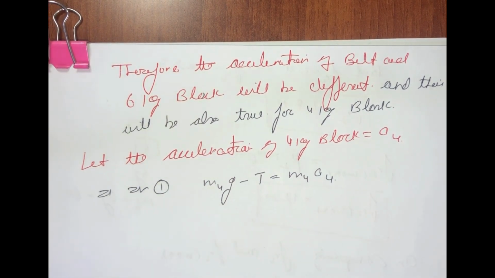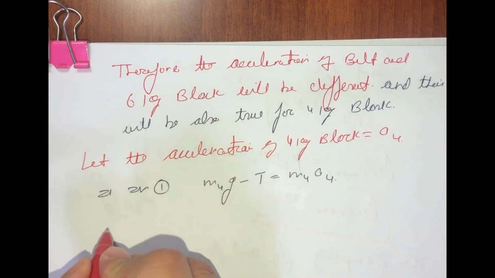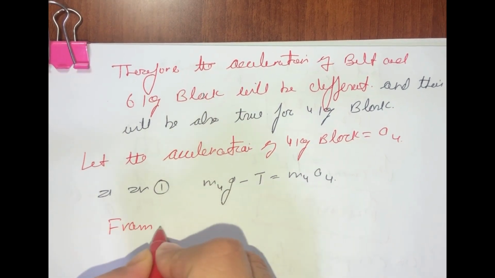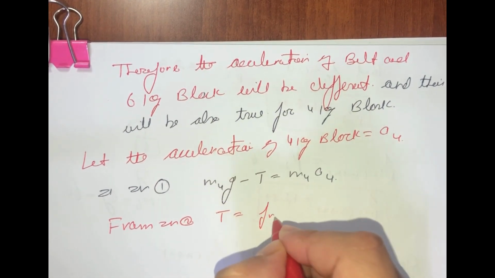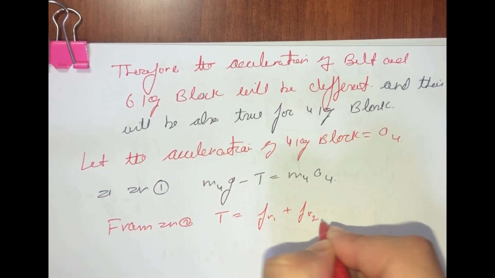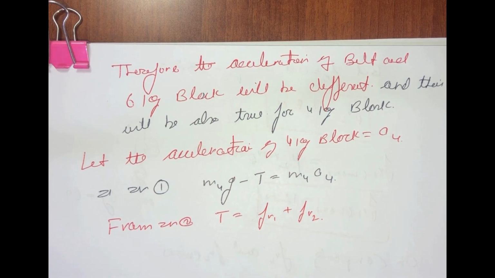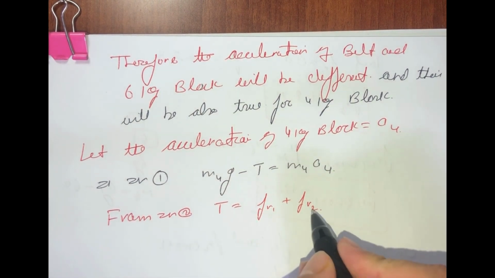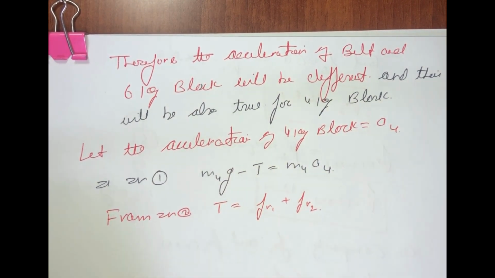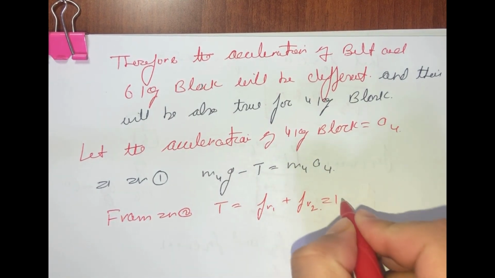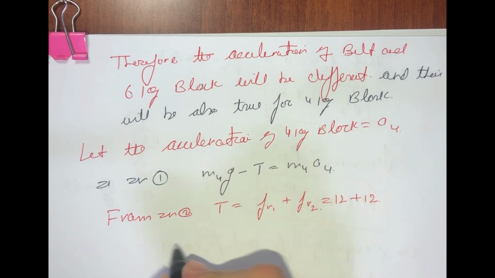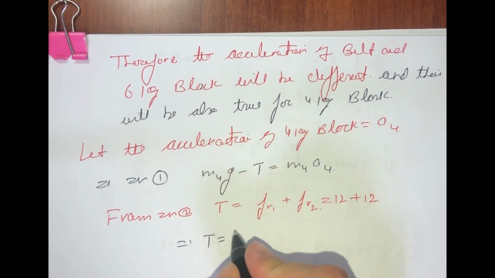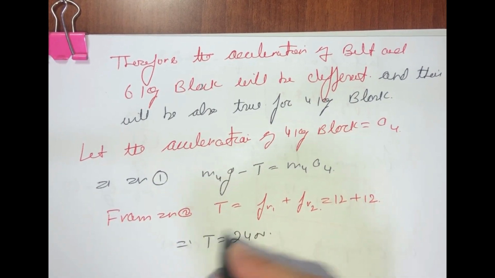And we already know the equation of tension from equation 2: tension is equal to FR1 plus FR2. We know the value of FR1 and FR2, so we substitute it. This is 12 plus 12, so tension T will be 24 Newton.